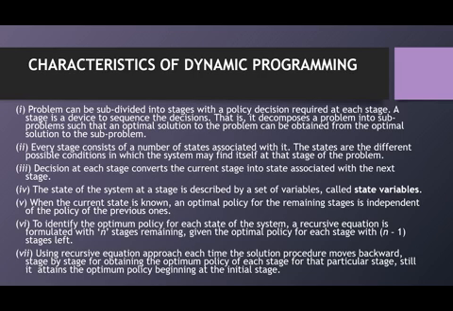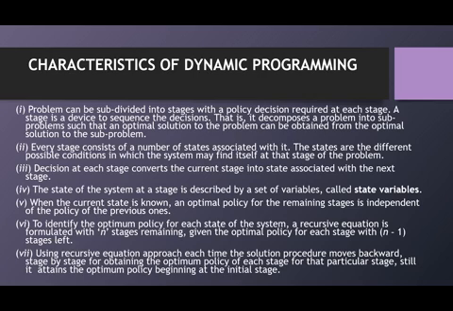So if you know the current state of, let me say, stage 3, you will be able to define an optimal policy for stage 4, stage 5, stage 6, and so on up to stage n. You need not bother about stage 2, stage 1 and stage 0. That is what it says. It should be independent of the previous states.